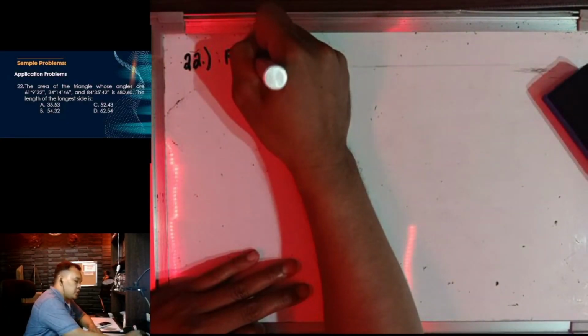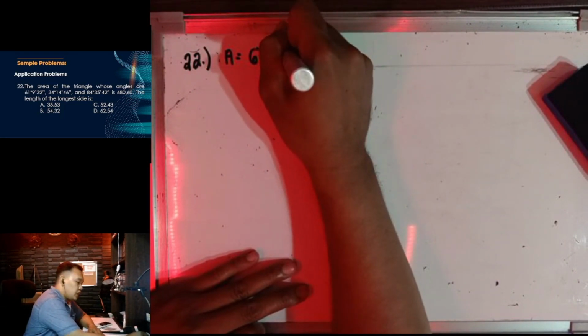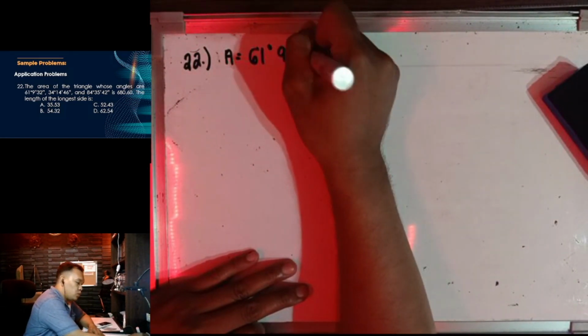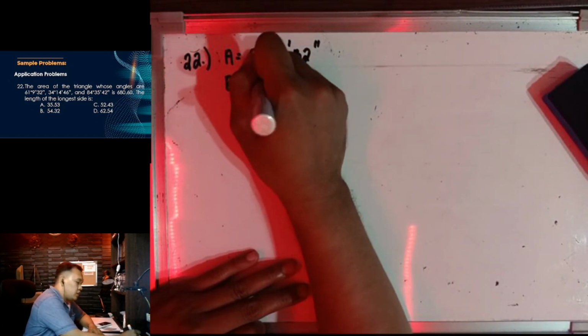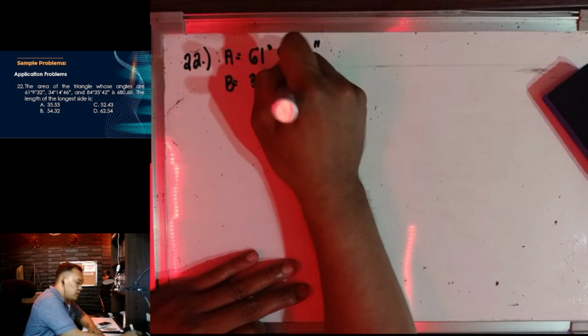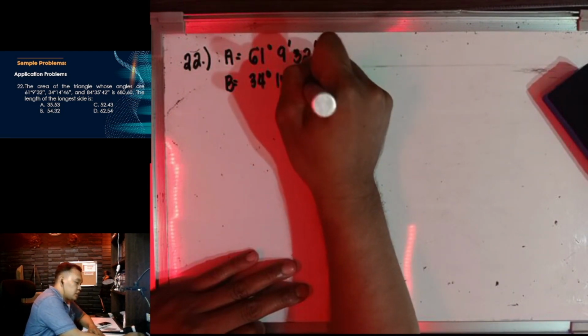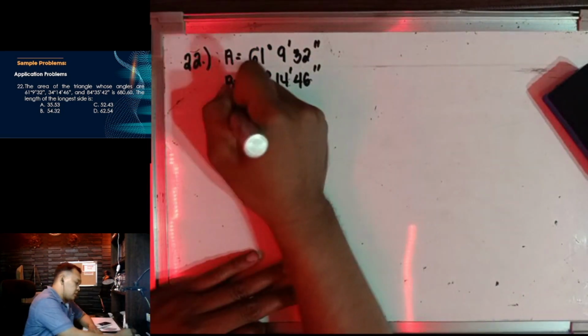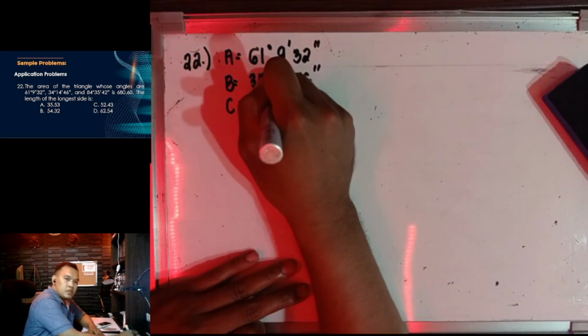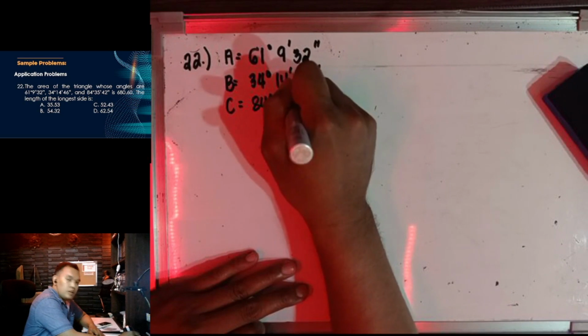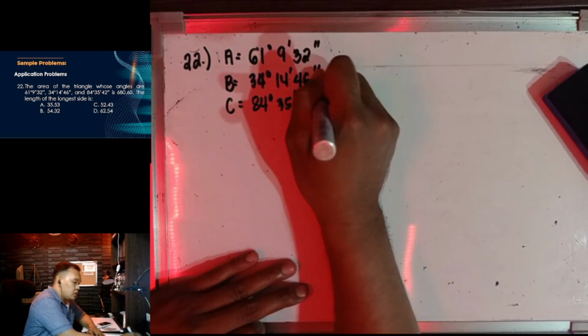Angle A is equivalent to 61 degrees, 9 minutes and 32 seconds. Then angle B is equivalent to 34 degrees, 14 minutes and 46 seconds. And let's say angle C is equivalent to 84 degrees, 35 minutes and 42 seconds.